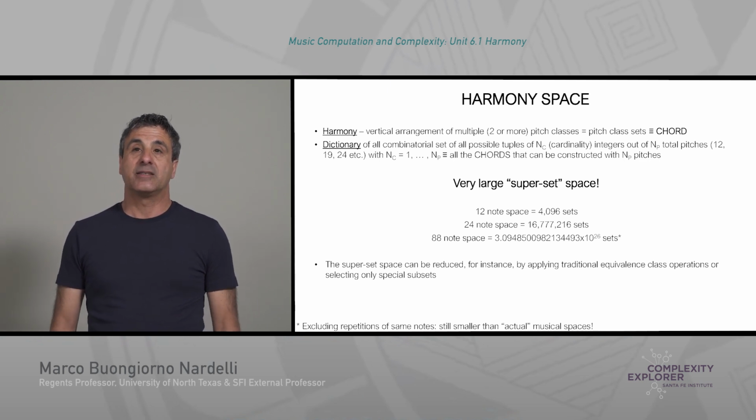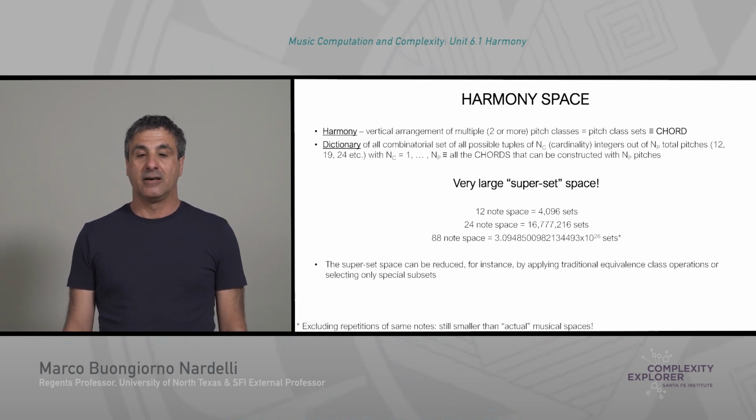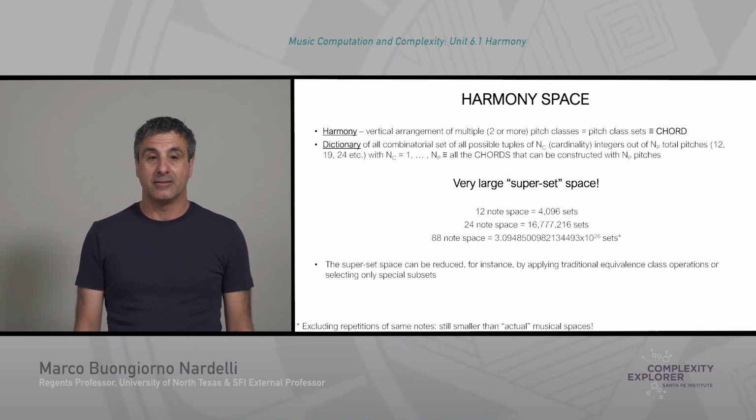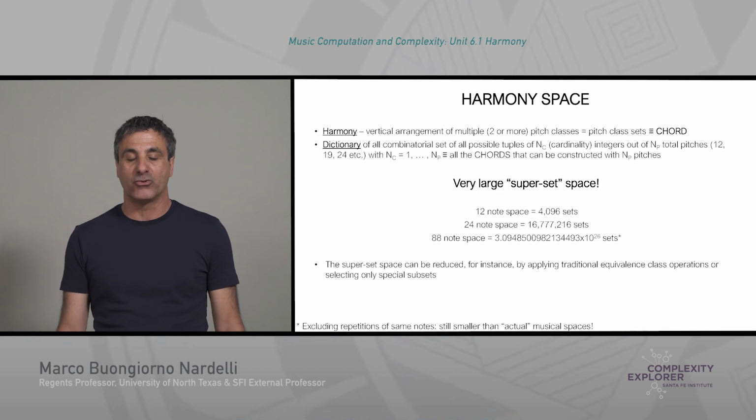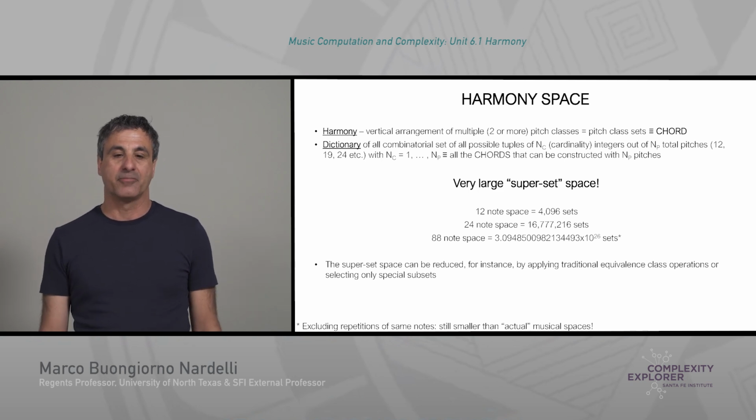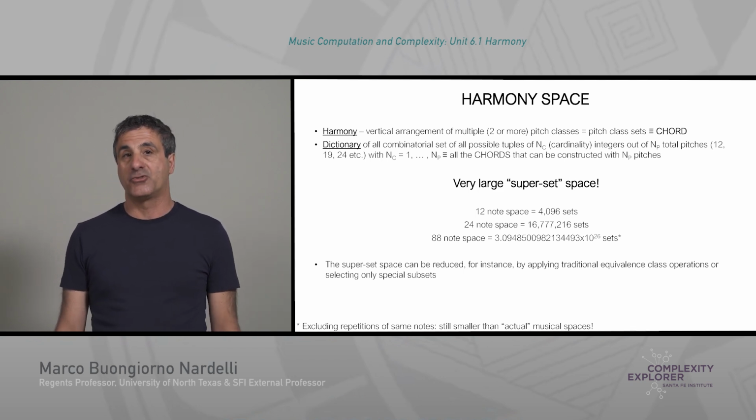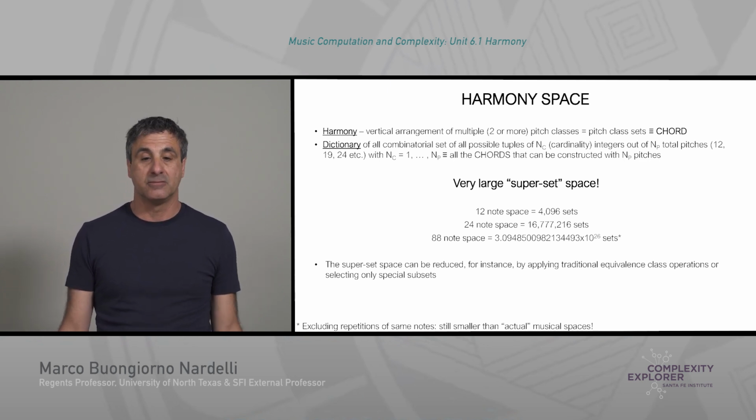If we build a dictionary, or measure how many of these combinations we can construct, then we have a measure of how many chords can exist given the raw material, our pitches in the scale. So if we consider a 12-note space, we have a number of chords that is of the order of 4,000.